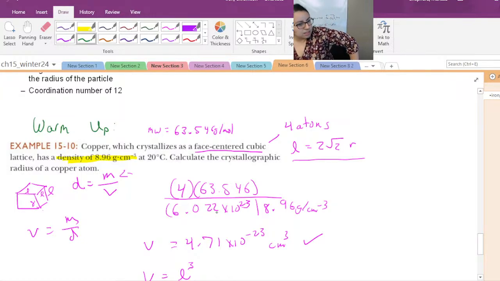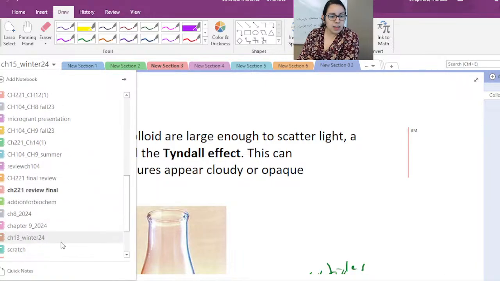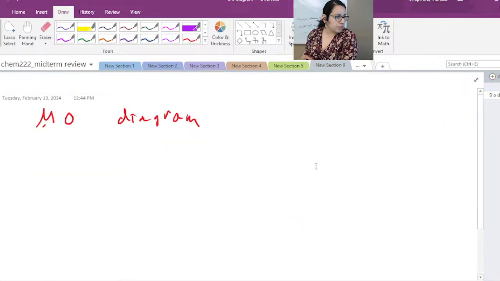All right, the last bit that we didn't talk about was the MO diagram. There will be an MO diagram, so if people want to stay, we can work through one. If you want to leave, feel free to slip out, that's fine.